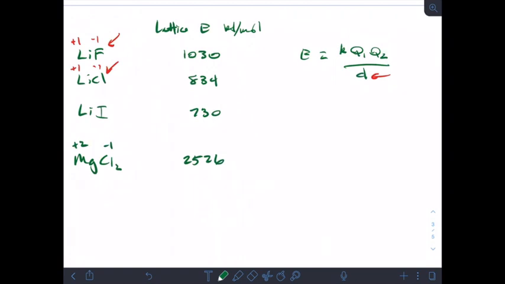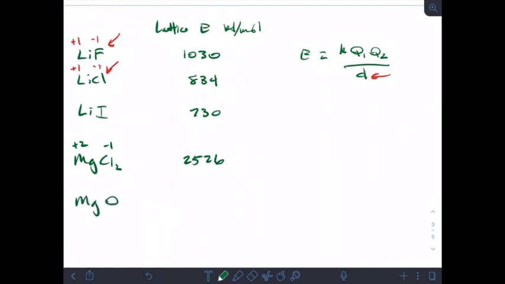More than twice what lithium fluoride would be, just by changing one charge in that equation. So all I've done is really, magnesium's actually a little smaller than lithium. Chlorine's a little bit bigger than fluorine, but wow, what a difference, okay, by changing charges.